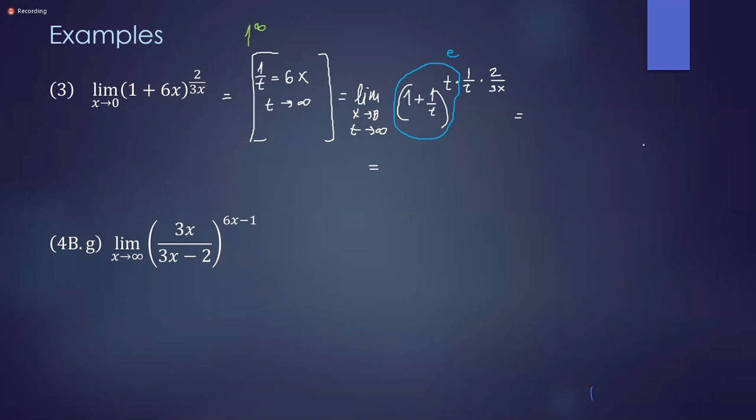And this is so easy to find. X cancels out. So we have e to the power 12 over 3. That is e to the 4th power. This is even easier than the previous one. This is easier. We did not have to go somewhere on the side to find the limit of the fraction. It was already visible.